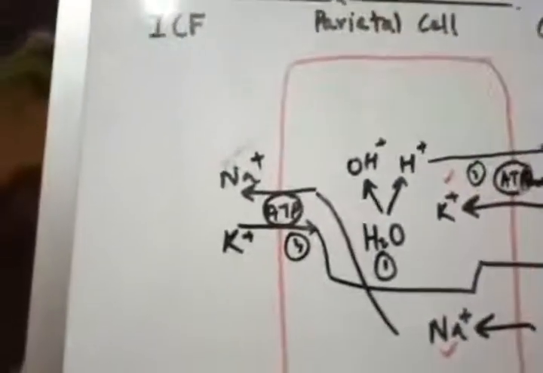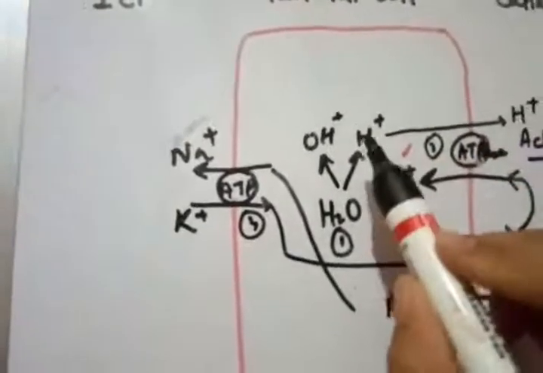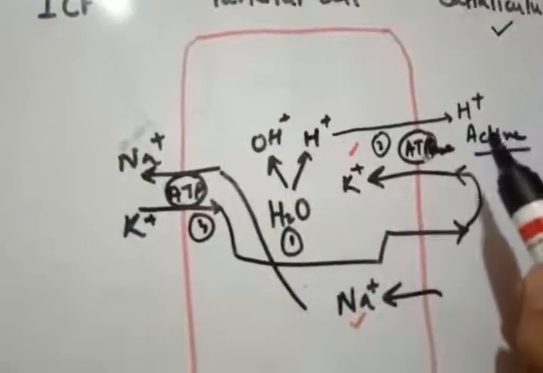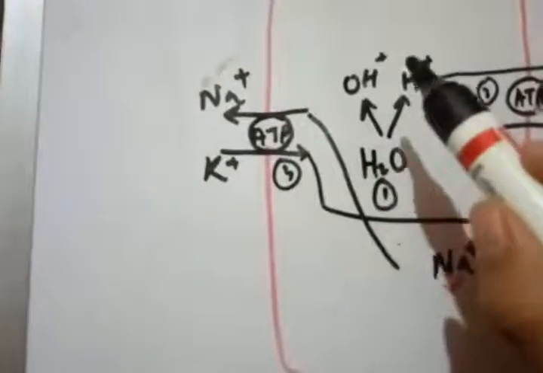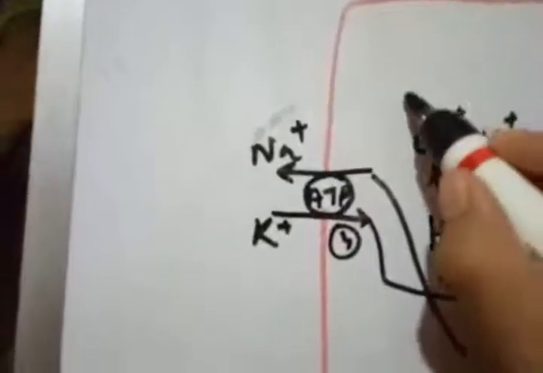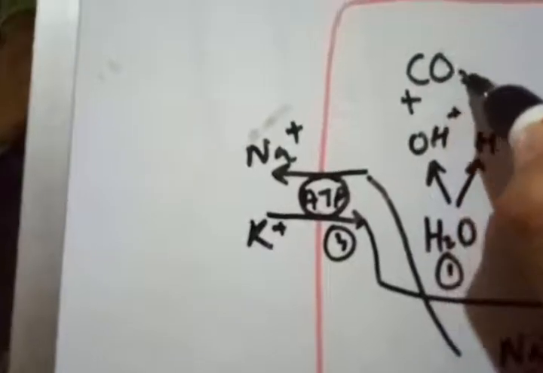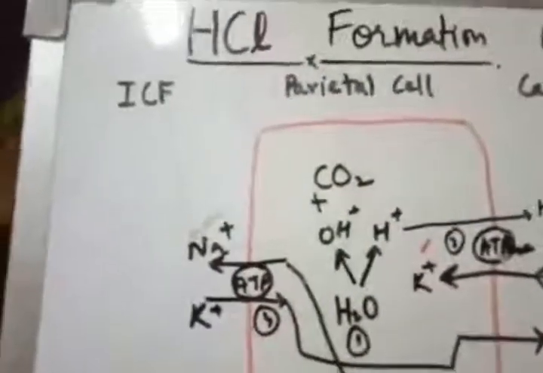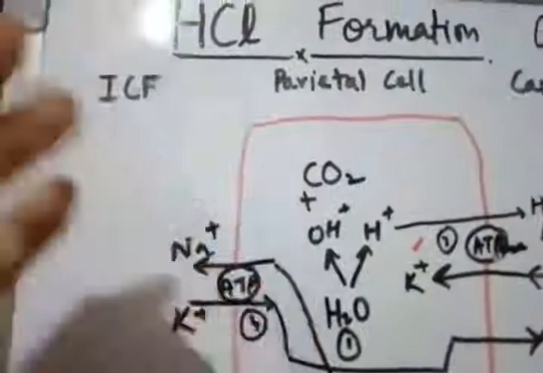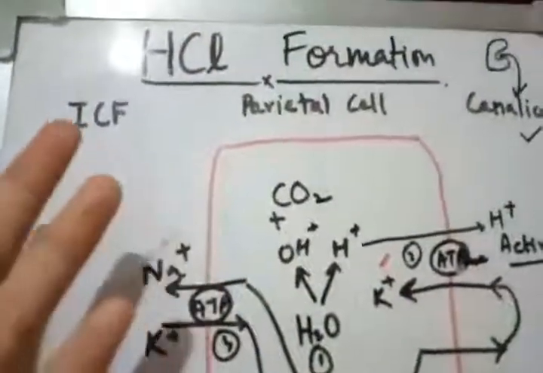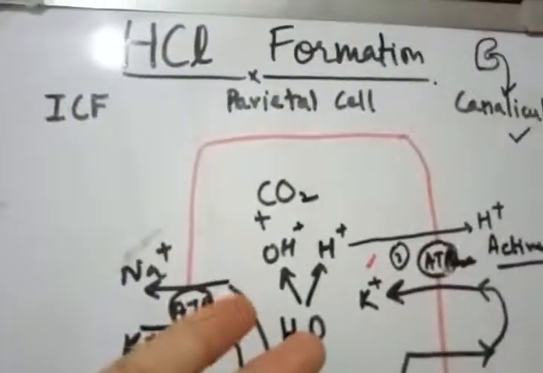And then the next step includes, now since the hydrogens are released outside, the OH remains only there. So this reacts with the carbon dioxide. This carbon dioxide may come from the blood, or it is formed during metabolism inside the parietal cell itself, forming the bicarbonate.